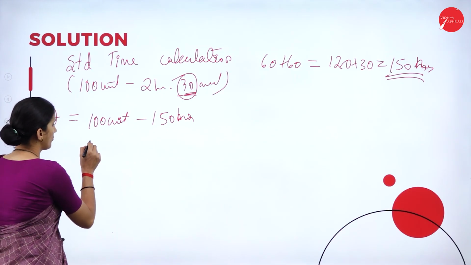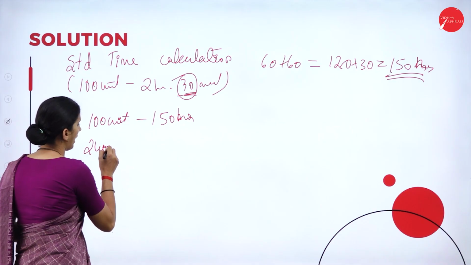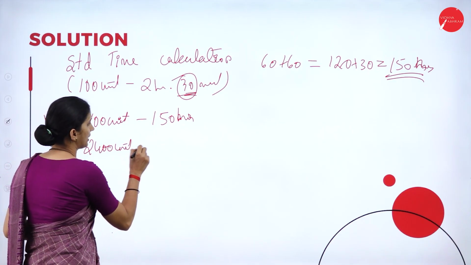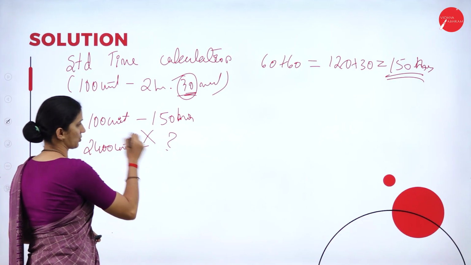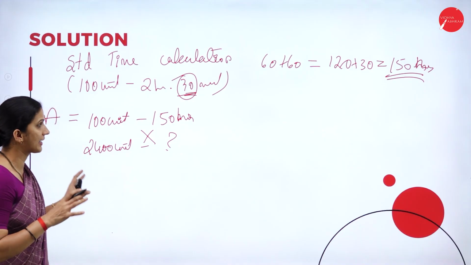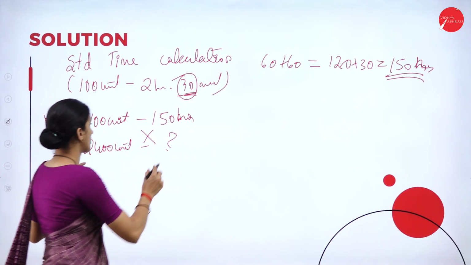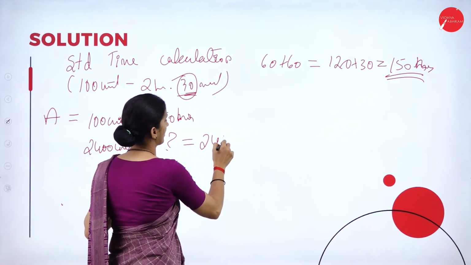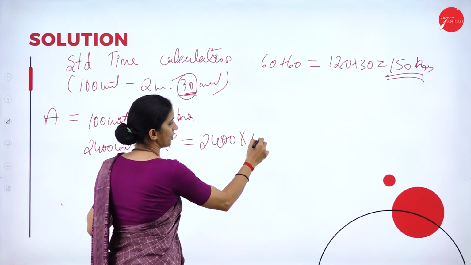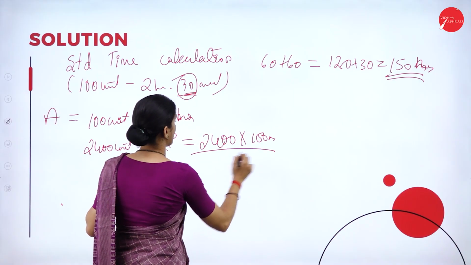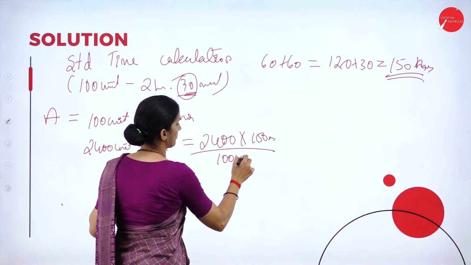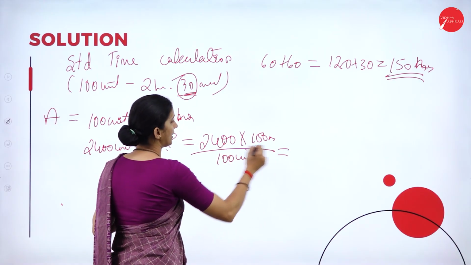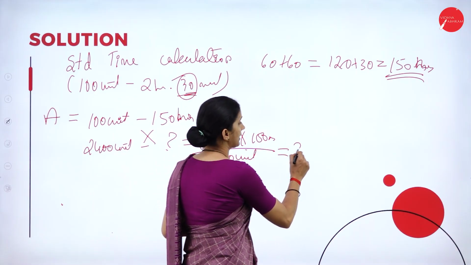So for 2400 units, how much is the requirement? Again you have to do the cross multiplication. If you do that, that is 2400 into 150 minutes divided by 100 units. So you will get how much?